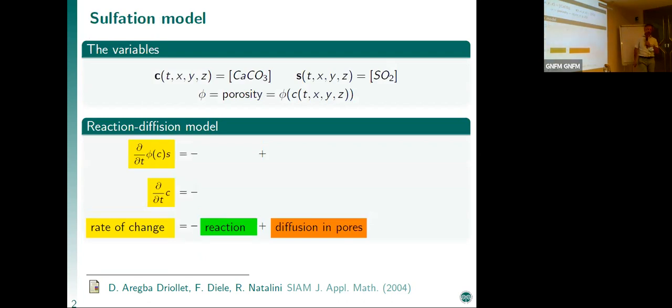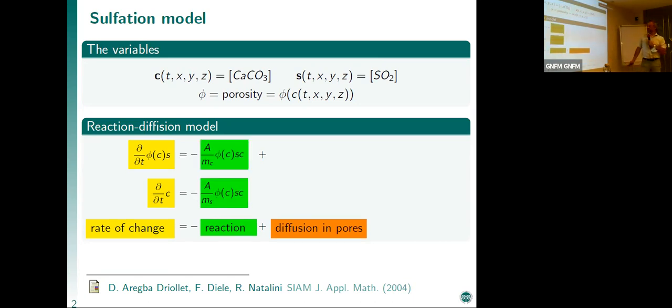These kinds of equations have been shown by Mario before as well. They express the rate of change of some variables, and in this particular example they are going to be S, the concentration of the gas, sulfur dioxide in here, and the concentration of calcium carbonate. Let me put it as marble for simplicity.